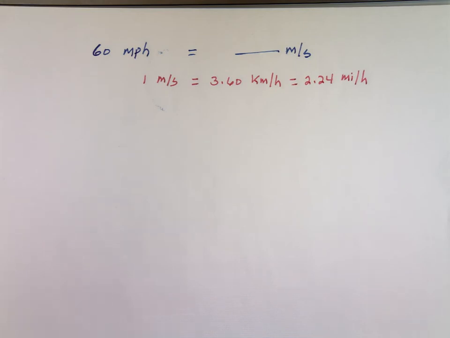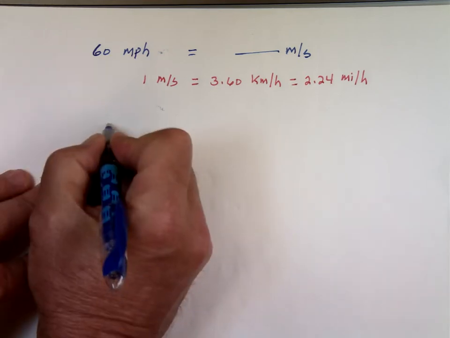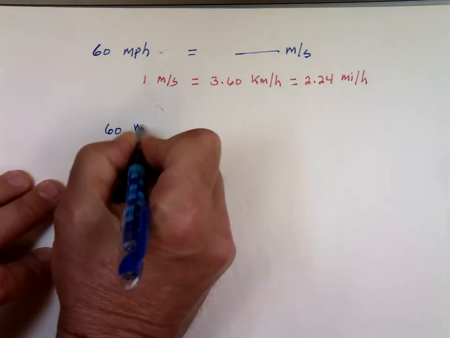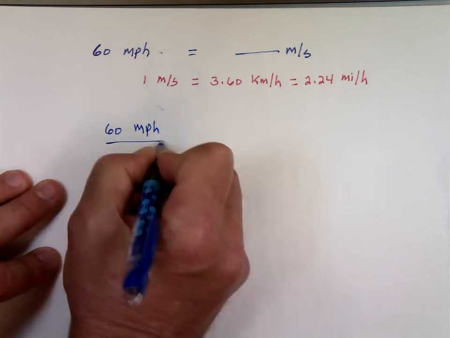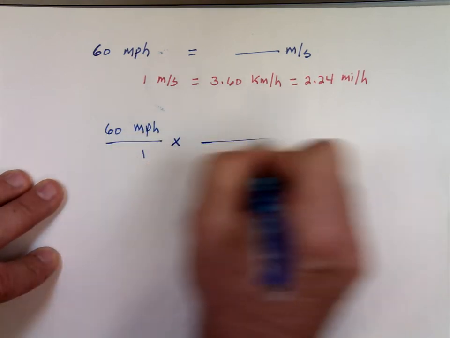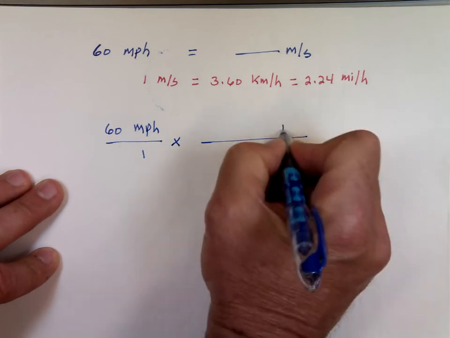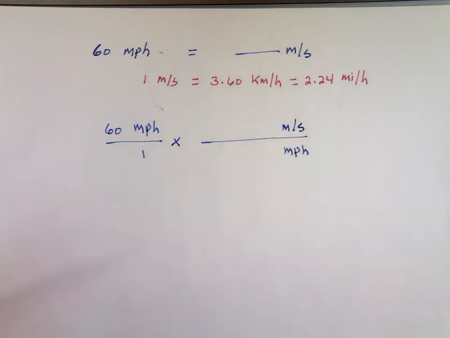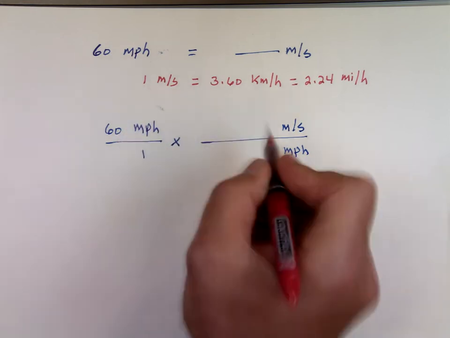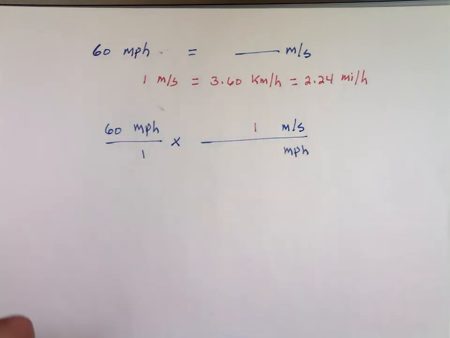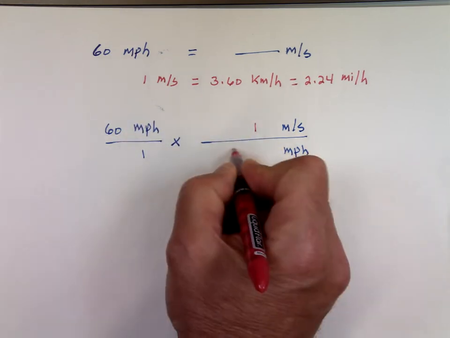So I want to convert 60 miles per hour to meters per second. That's 60 miles per hour over 1, multiplied. I want miles per hour on the bottom, and I want meters per second on the top. One meter per second is equivalent to how many miles per hour here? 2.24.